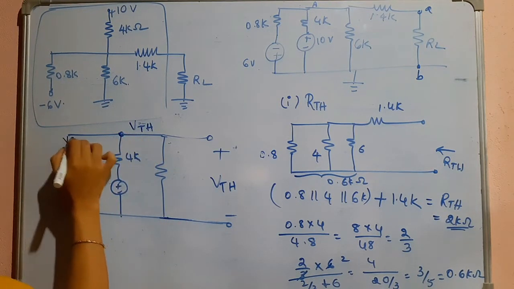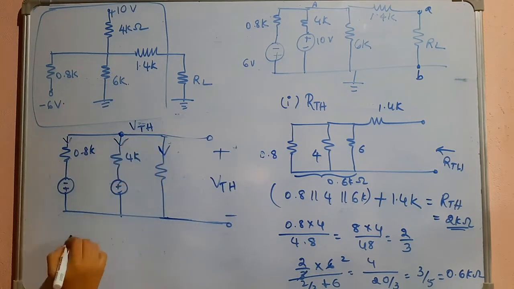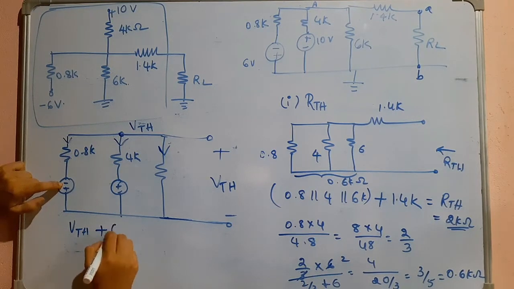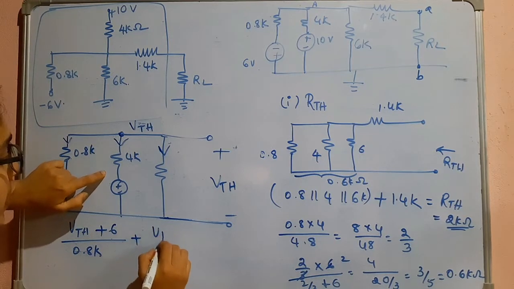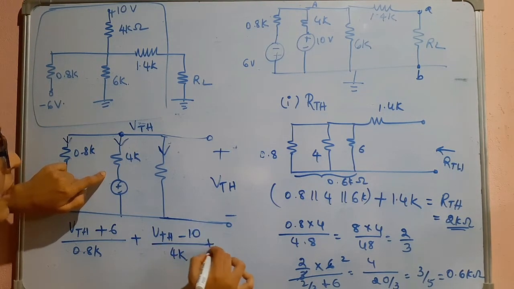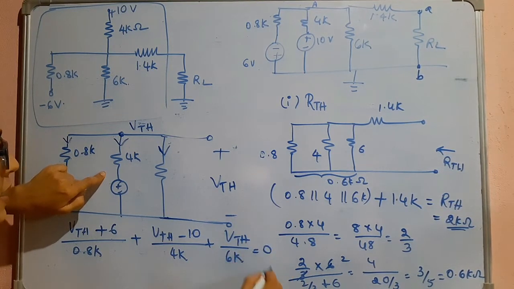At this point I will consider all the currents flowing like this. So (VTH minus (-6)), so I am taking plus 6, divided by 0.8K, plus (VTH minus 10) divided by 4K, plus VTH divided by 6K, that is equal to 0.